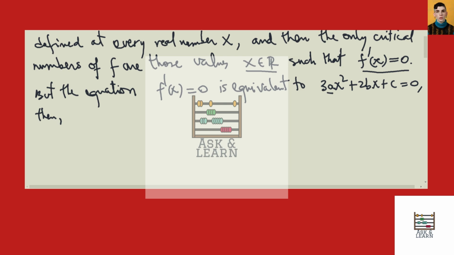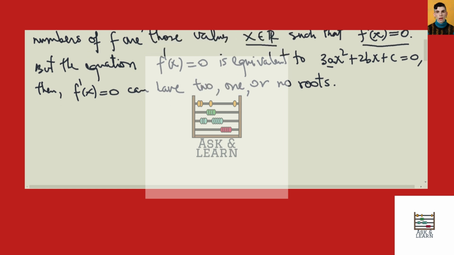Then, if we take into account what we said before, it means that the function f can have 2, 1, or no critical numbers.